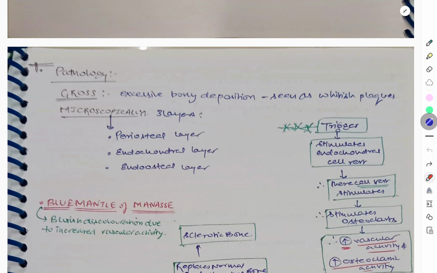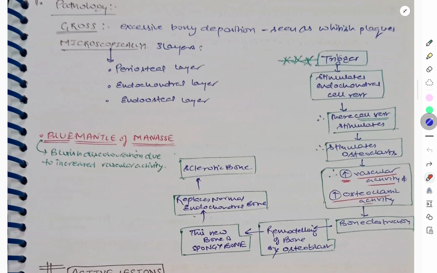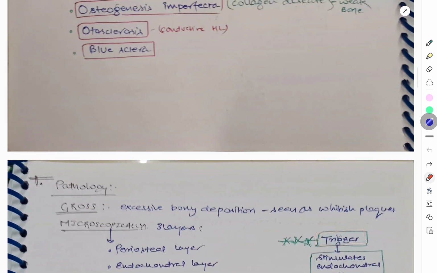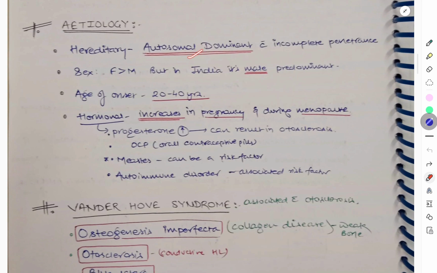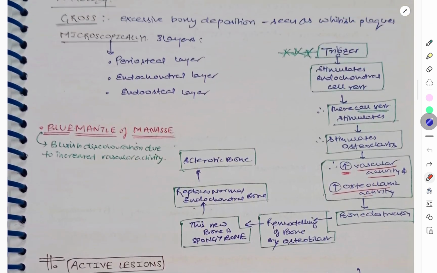Microscopically, three layers are there: periosteal layer, endochondral layer, and then endosteal layer. So let's see the pathophysiology of otosclerosis. Okay, so first thing is triggers. All those triggers that I have explained here, that is hereditary, sex, progesterone, OC pills, measles, autoimmune disorders, any syndromes, all these are the triggers.